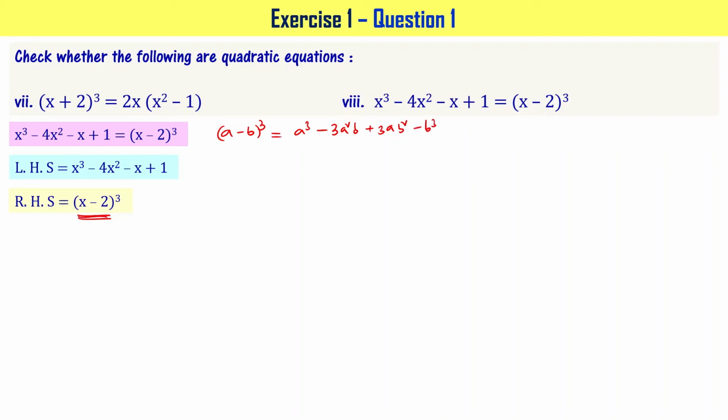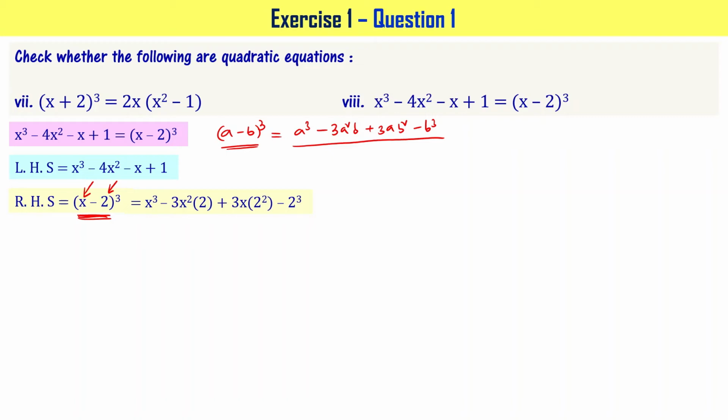Now you compare this (x − 2)³ with (a − b)³. You say that my a is x and b is going to be 2, right? Now let's substitute that into this side so that I can write (x − 2)³ as x³ − 3x²·2 + 3x·2² − 2³, right?